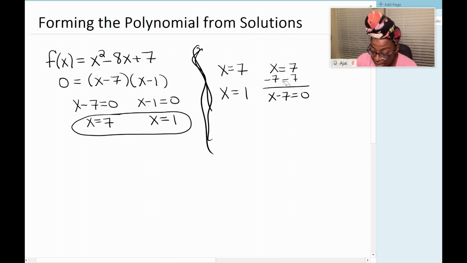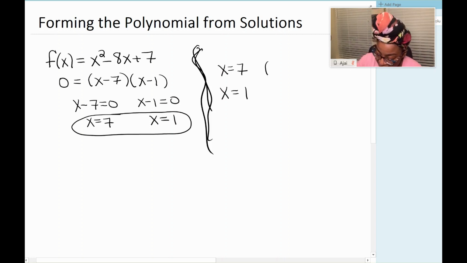The question is, what factor did x equals 7 come from? I just told you the answer. It's x minus 7. If I take x minus 7 and set it equal to 0, I get x is equal to 7. Let's do the same thing with 1.